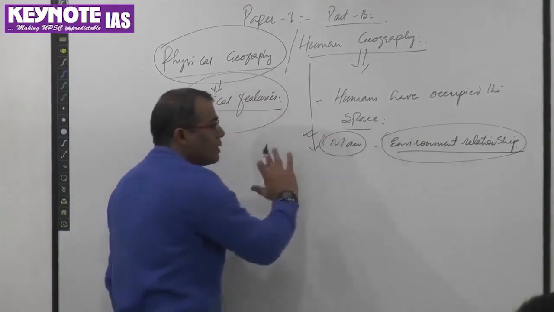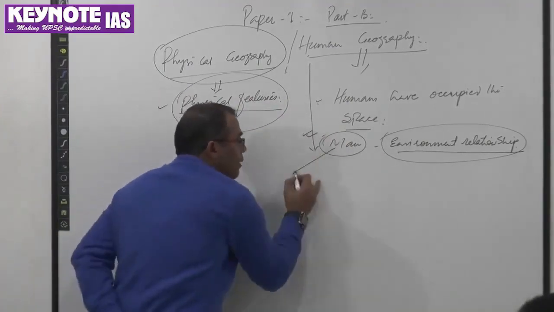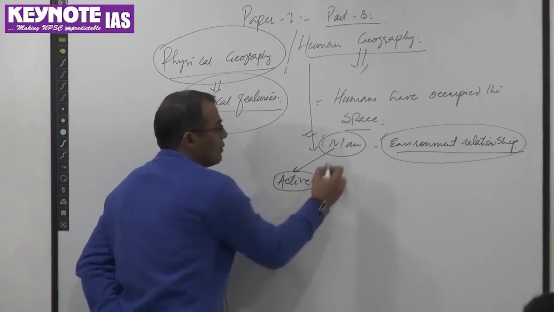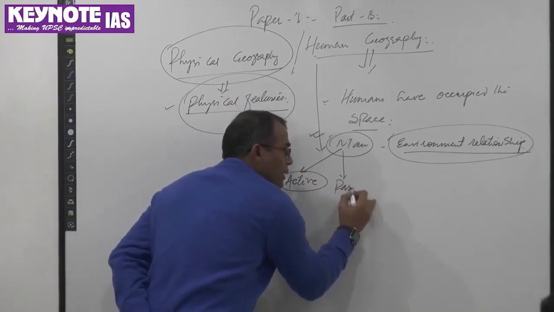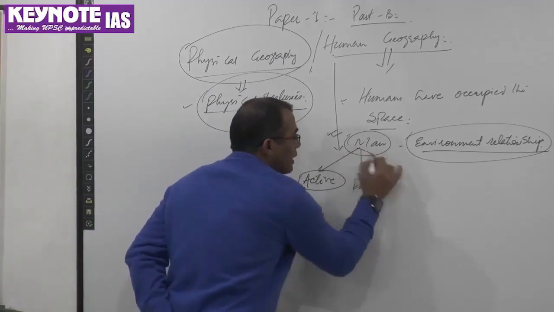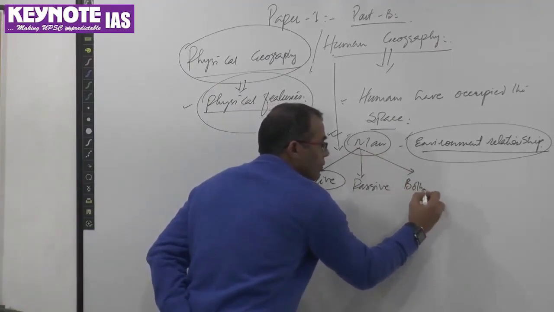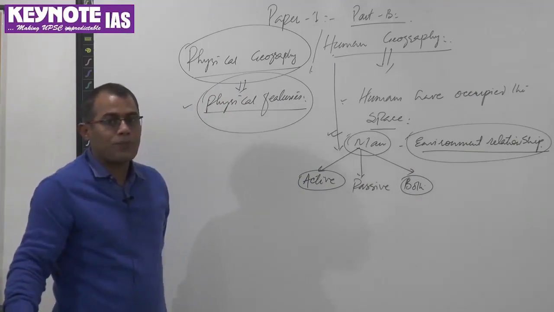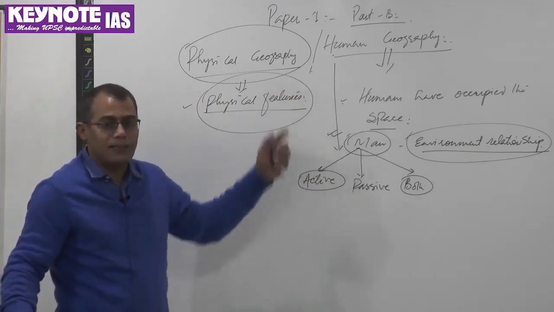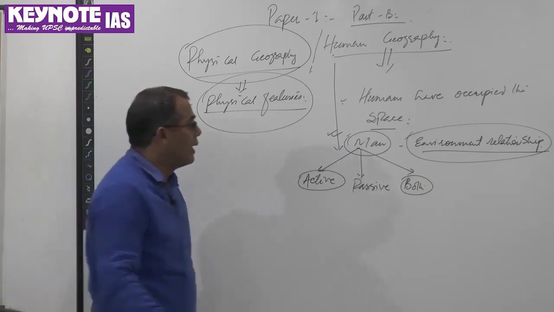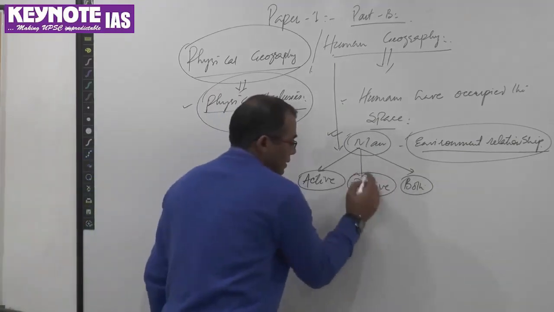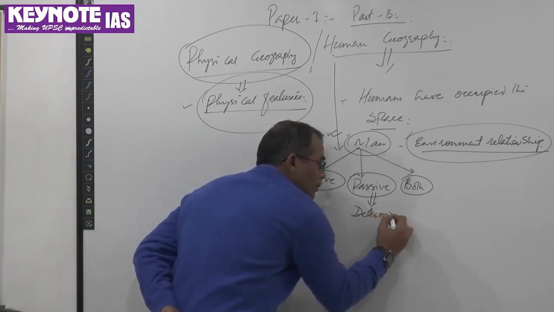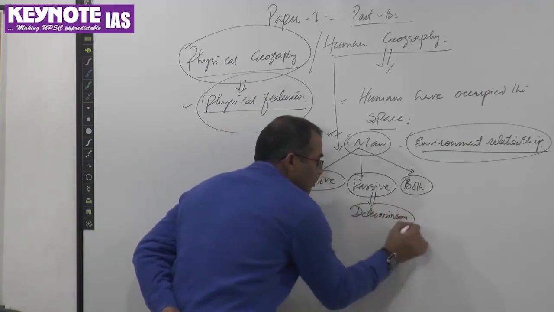In the man-environment relationship, is man an active agent, a passive or neutral agent, or a combination of both? That has been debated. Man as an active or passive agent is basically what you call determinism, the philosophy of determinism.